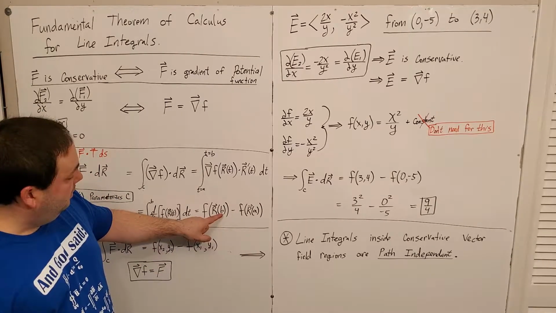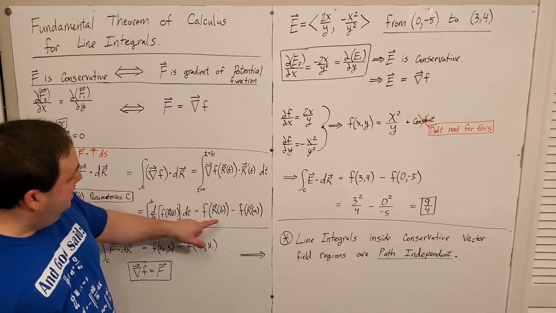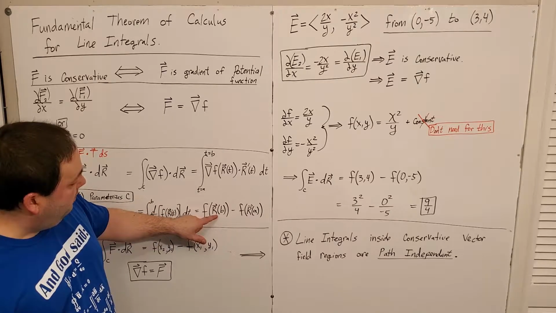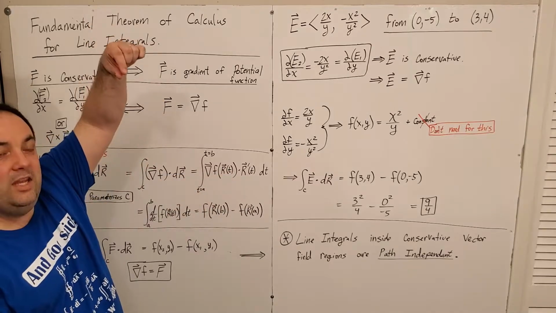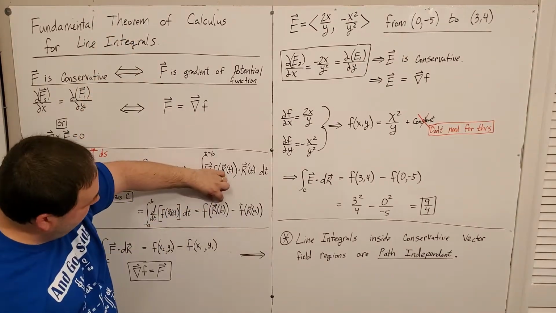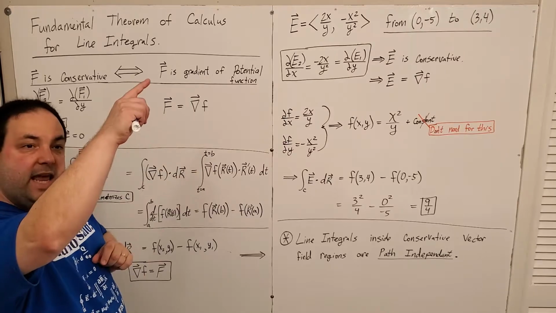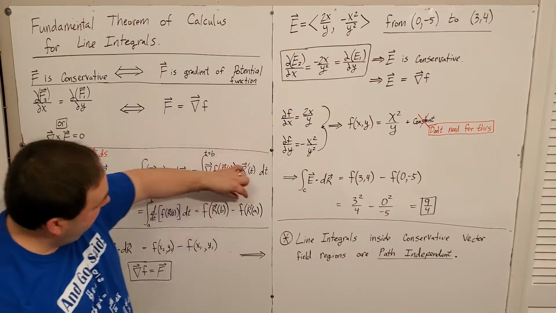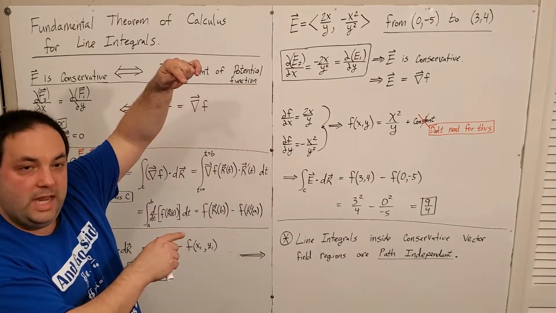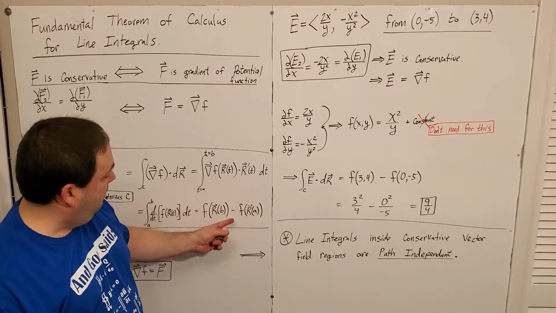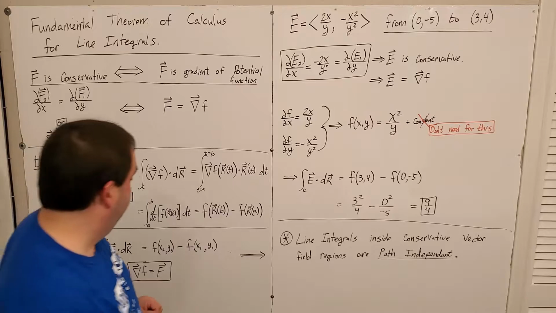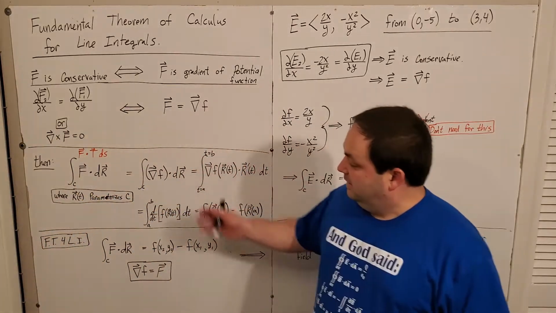Because when I plug the upper t into my parameterization r, right, I get a point that's at one end of the curve. That's what this r of b stands for. It's the end point. And then r of a is the beginning point, right? So I'm just doing F of the end point minus F of the beginning point there. Well, let's sum it all up.